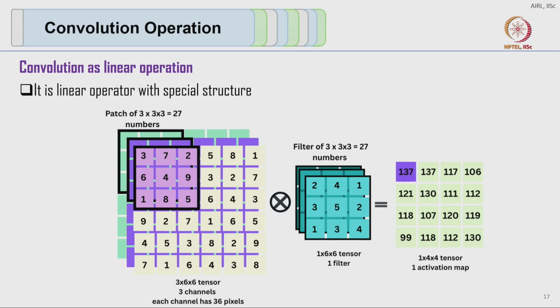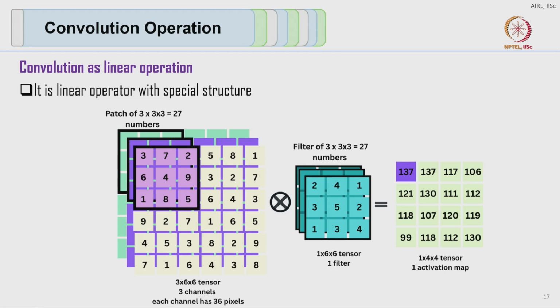I have a filter, and I have to put it for every one of the 3 channels. So totally I will have 27 numbers. I want an activation map whose size is going to be 4 cross 4. I am not going to pad anything, just for you to understand the whole process here.